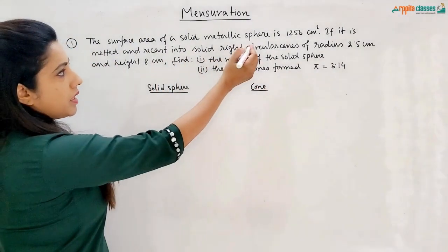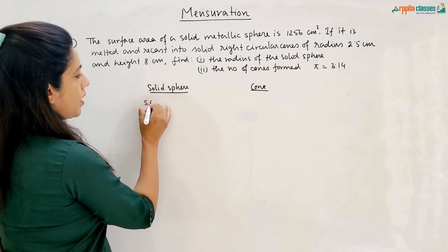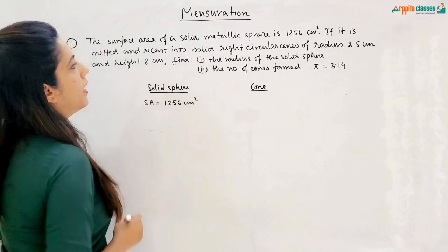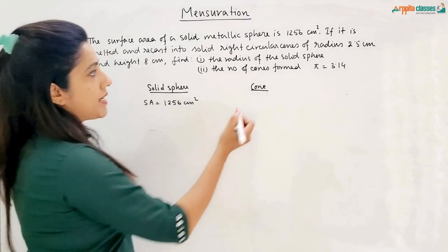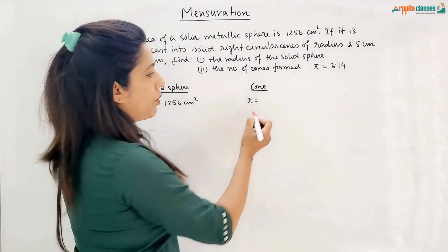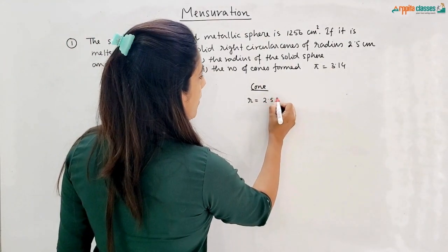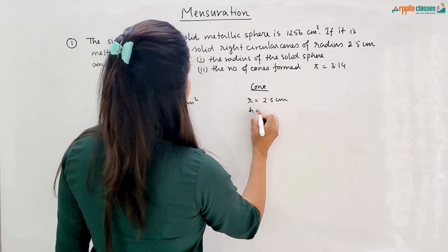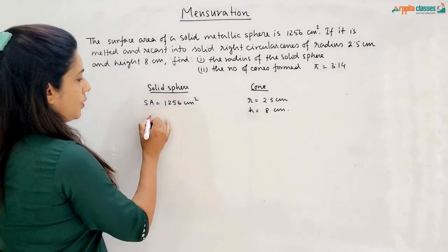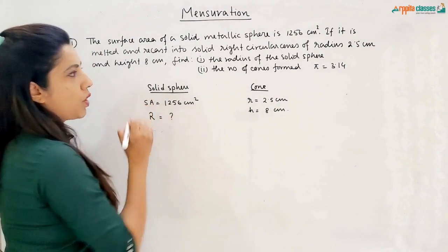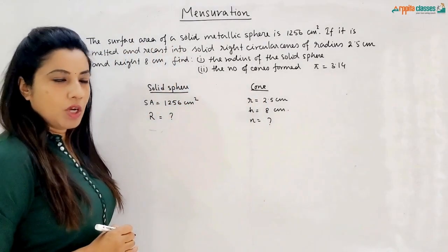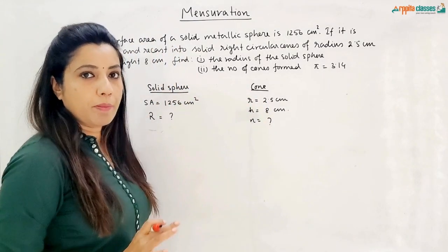The surface area of the solid sphere is given, that is 1256 centimeter square, which is melted and recast into right circular cones of radius, I am denoting the radius of a cone by small r, which is 2.5 centimeter, and height 8 centimeter. We need to find the radius of the solid sphere and also the number of cones formed. We have considered the number of cones formed as n.